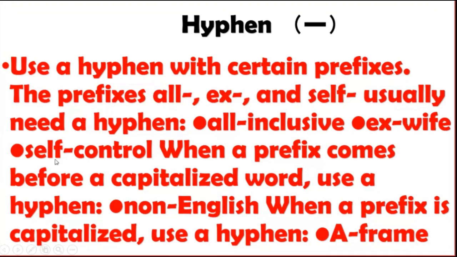Control is the word and self is the prefix. When a prefix comes before a capitalized word, use a hyphen. For example, capitalized word, English, E is capitalized. Now if you are using prefix before capitalized word, that is non-English. So we can see English is the capitalized word and non is the prefix. So we can use hyphen over here.